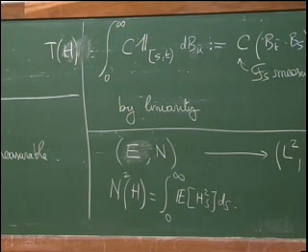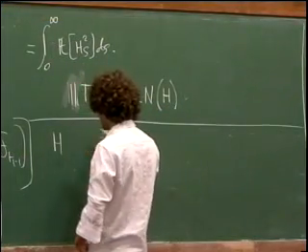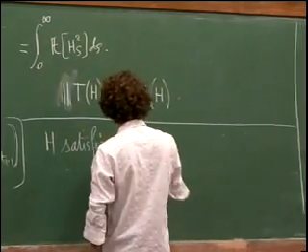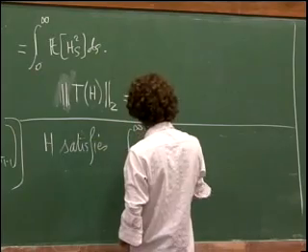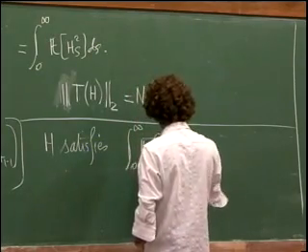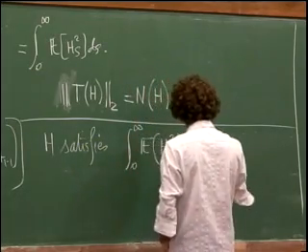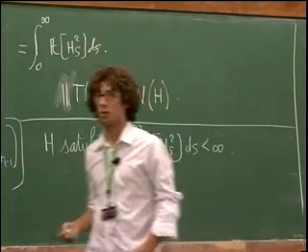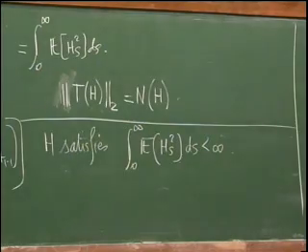So now, what I have defined is a non-constructive proof somehow, but I have, for every process H which satisfies that the integral between 0 and infinity of this is less than infinity, defined an integral with respect to the Brownian motion.